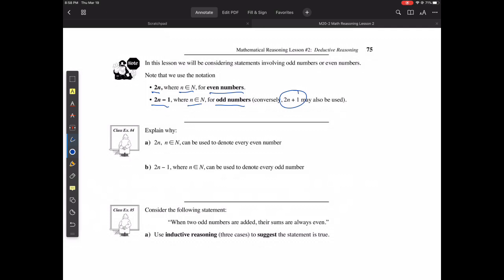So, why is it that 2n can be used to denote every even number?